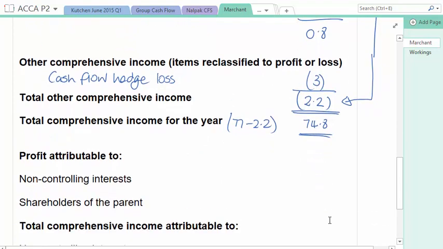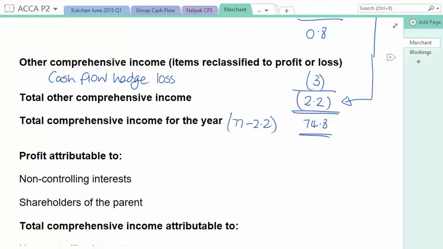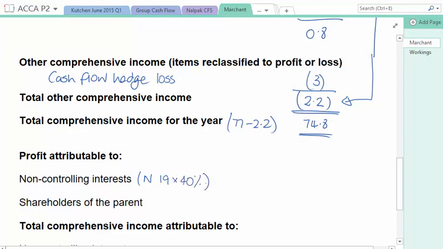The most important thing is that we work out our non-controlling interests. And for Nathan, we've not made any adjustments to Nathan's profits, so we take a look at Nathan's accounts. Nathan has got a profit of 19 for the year. And the NCI I've got 40%.